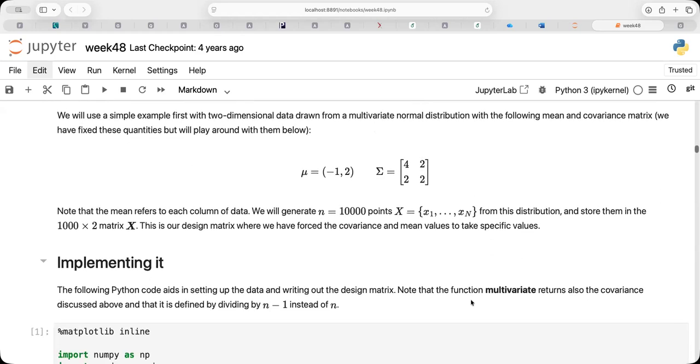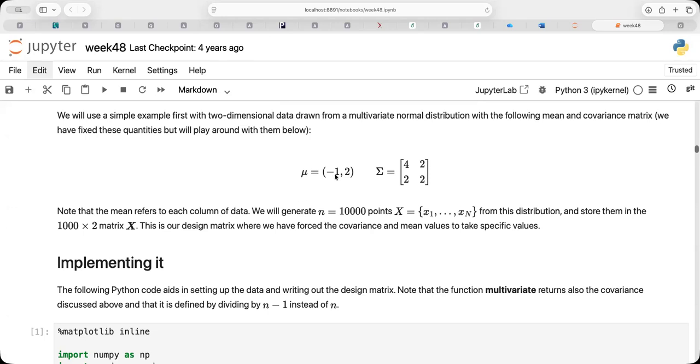I'm just giving you an example. We are taking two vectors, and this is the covariance matrix of two vectors where each has 10,000 points. These are the mean values.